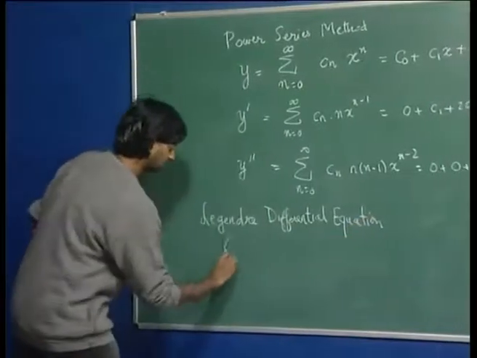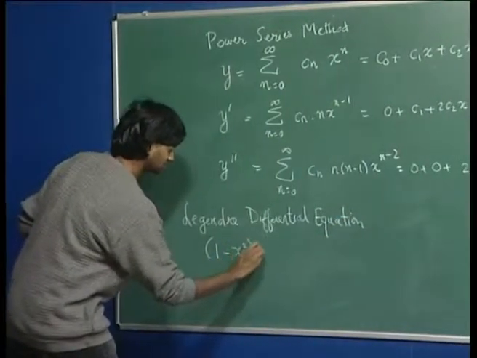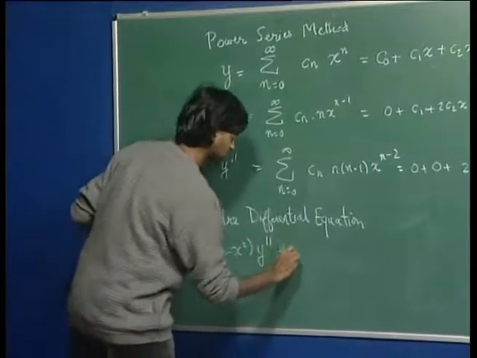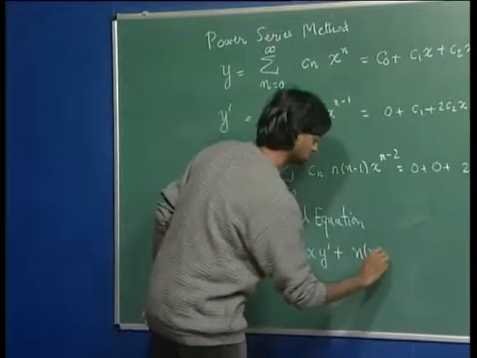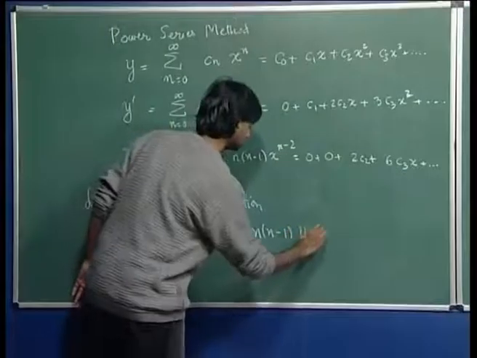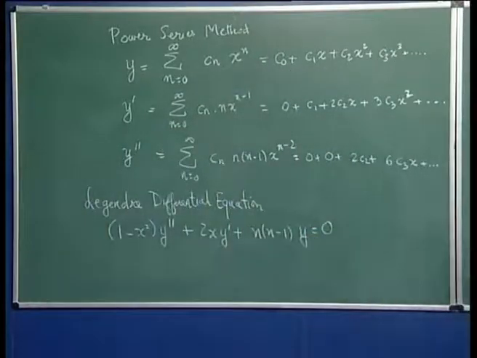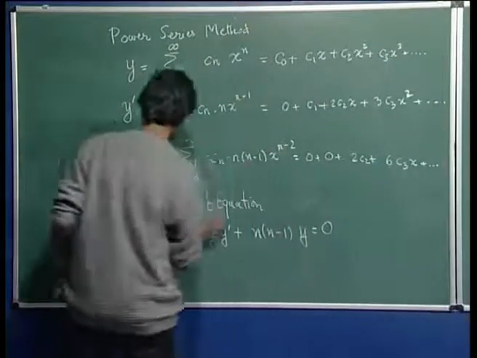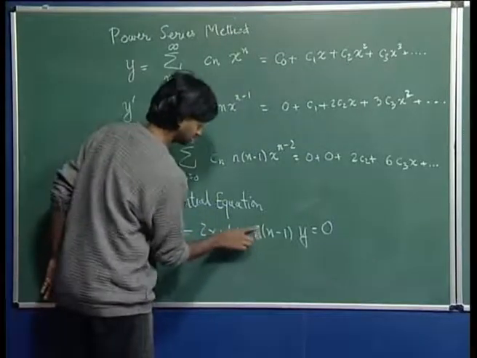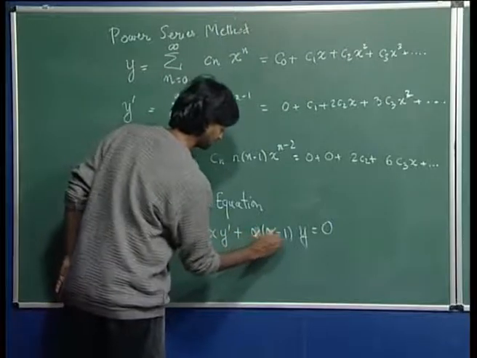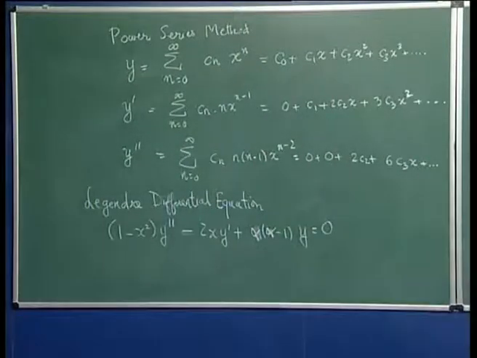Okay, and it has the form 1 minus x square y double prime minus 2 x y prime, plus alpha times alpha plus 1 y, equal to 0.